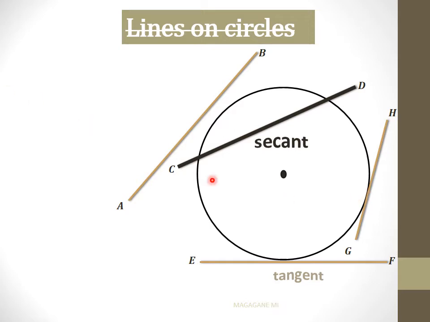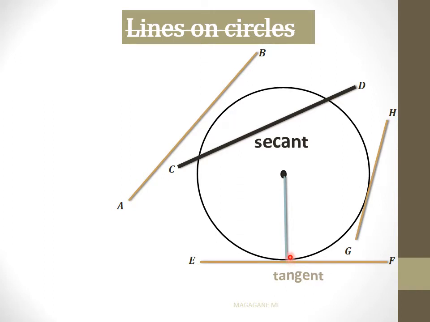Very, very important. Now we have another line which is from the center of a circle to the circumference of the circle. This line is called a radius. It's from the center to the circumference. And we know that a tangent is perpendicular to the radius drawn at the point of contact with the circle.